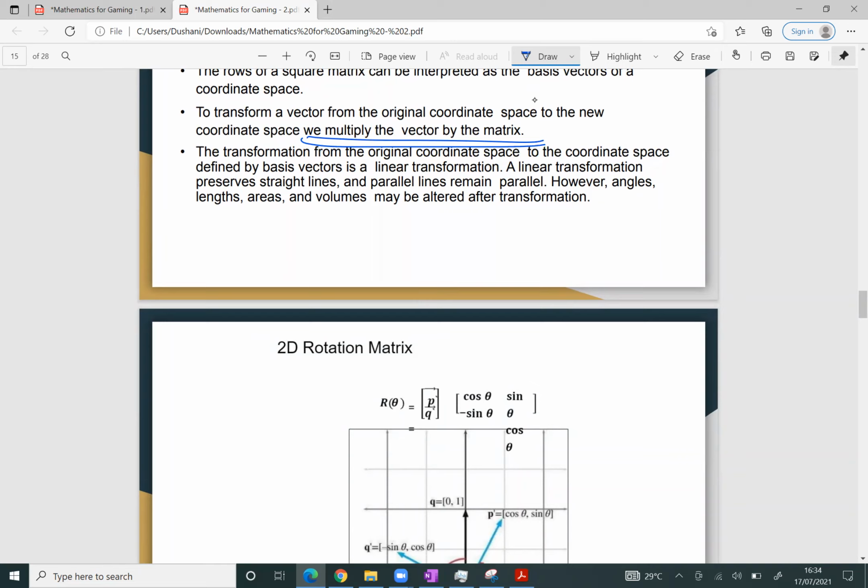So this transformation is defined by the basis vectors. The linear transformation preserves straight lines, and parallel lines remain parallel.